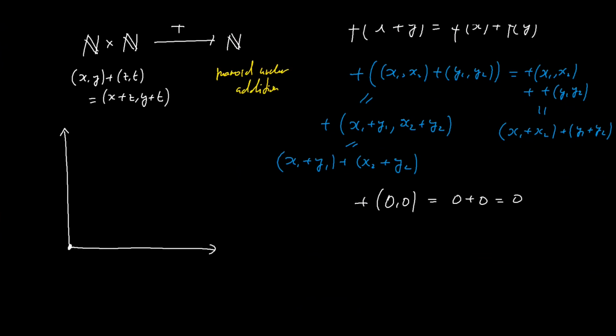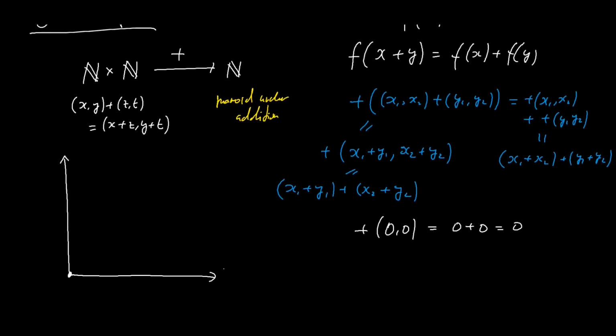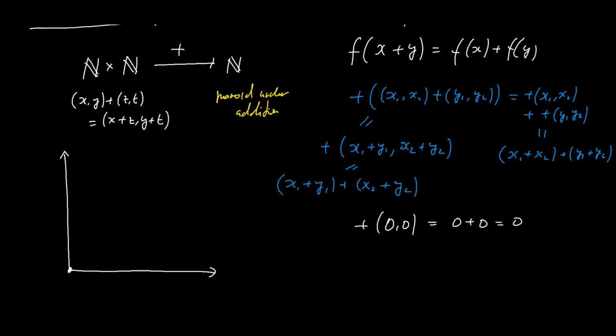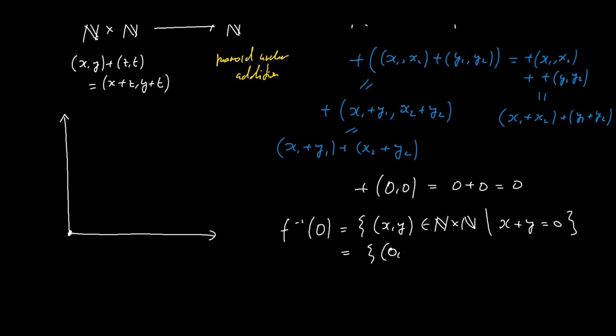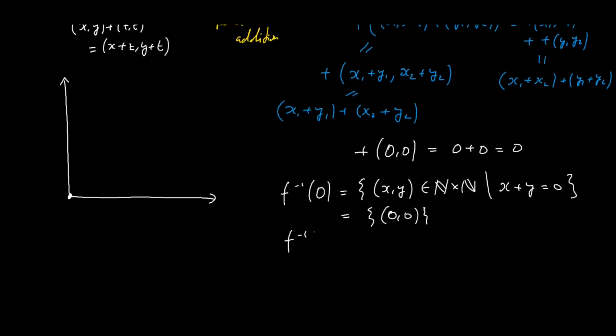And now I want to draw the inverse image of each natural number. So let's compute what is f inverse of 0. This is the set of all possible pairs x, y from N cross N, such that x plus y is 0, right? There is only one such pair. It is the set {(0, 0)}. What about f inverse of a number n in general?